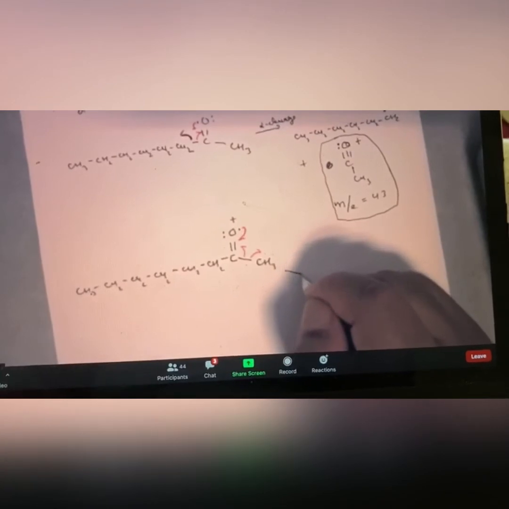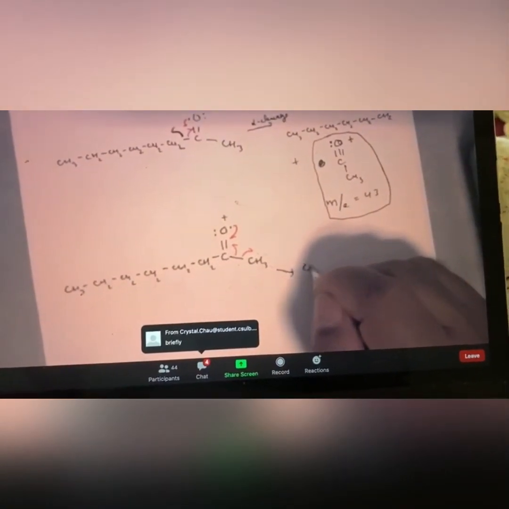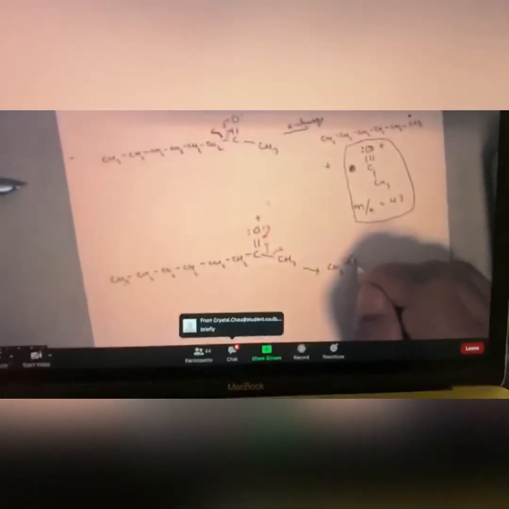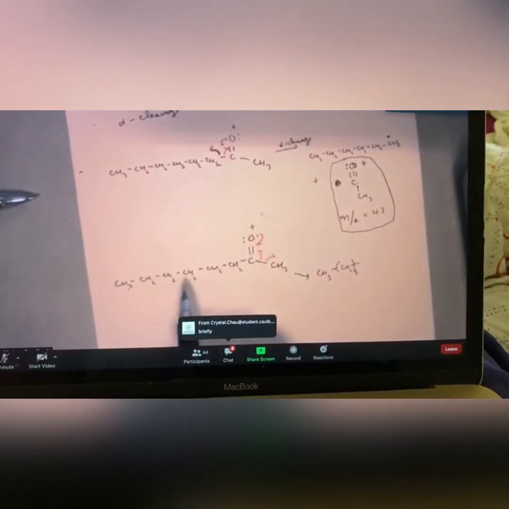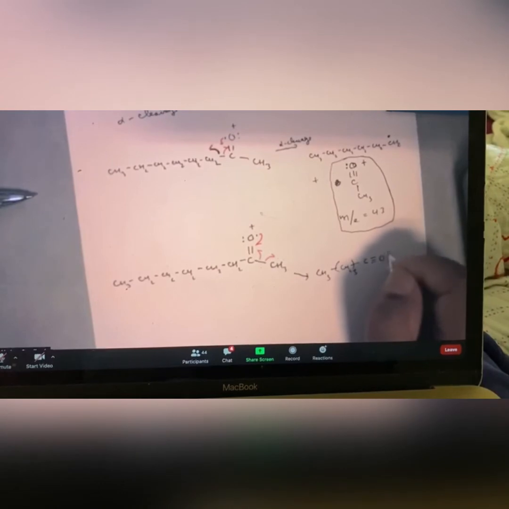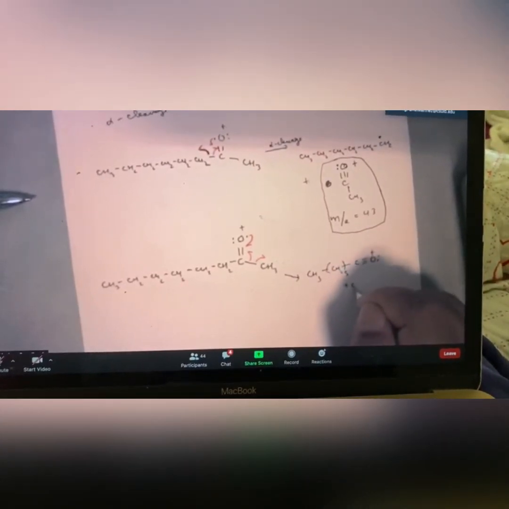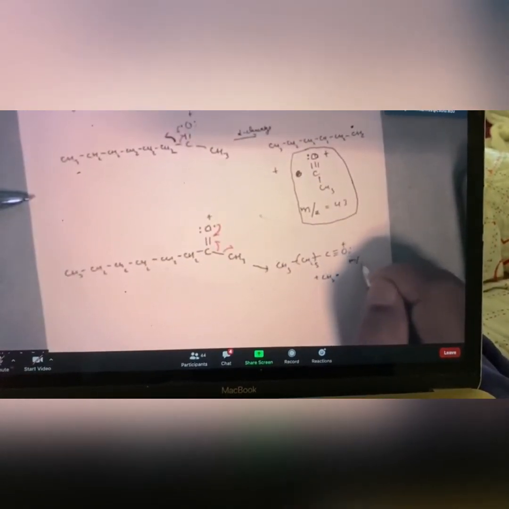So if I do that, I'm going to shorthand it. There's 5 of these, 1, 2, 3, 4, 5, and I would form an acetylene that looks like this, plus methyl dot, and this would have an Me.